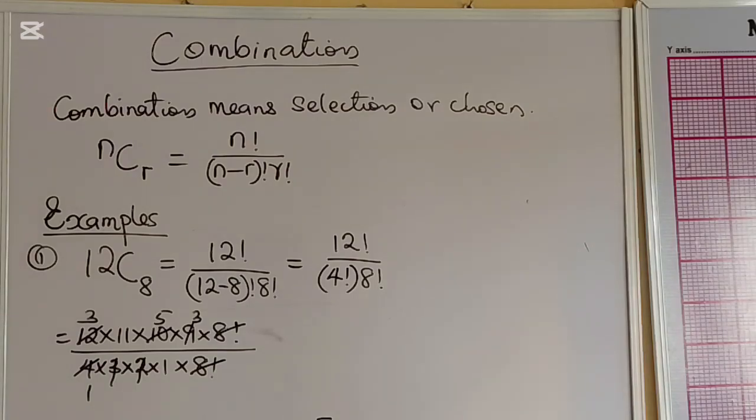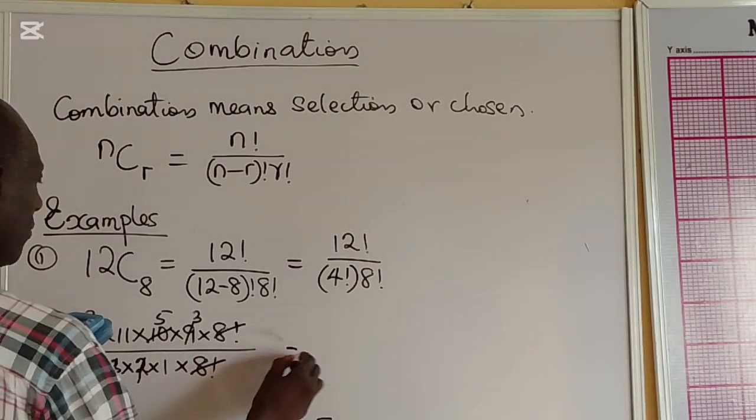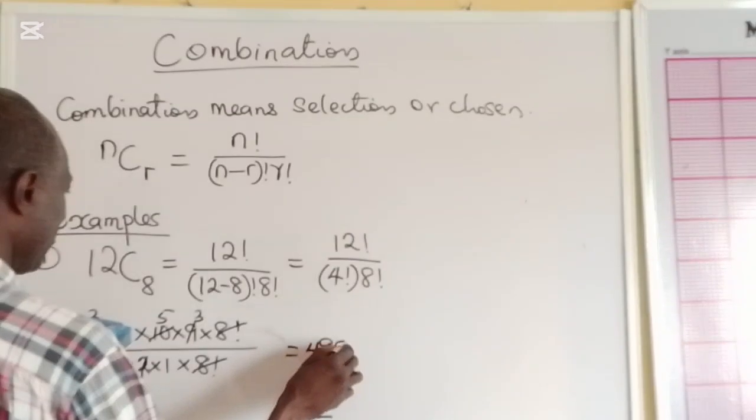Now, what is 3 times 11 times 5 times 3? 3 times 11 times 5 times 3 is 495.